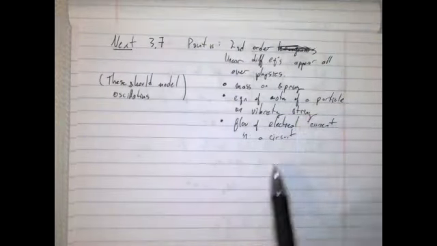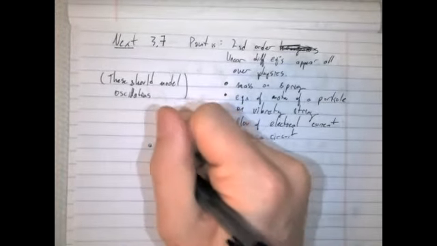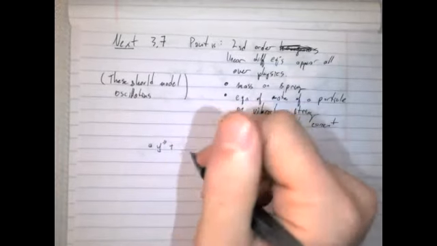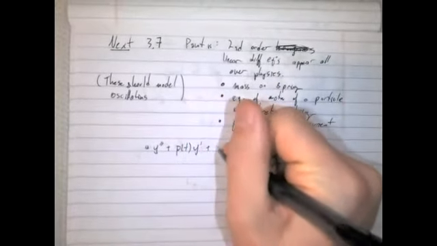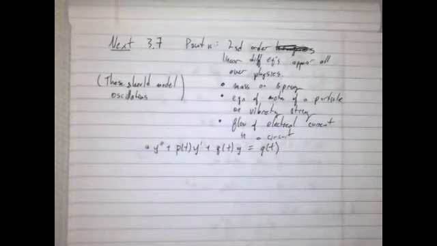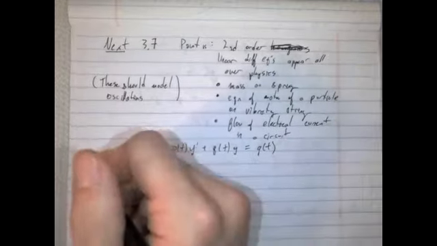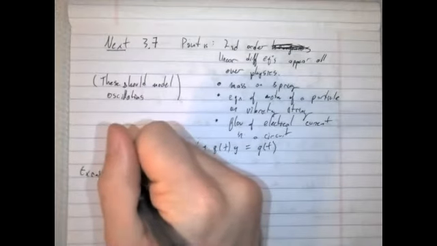And all of these are governed by a differential equation that more or less looks like y double prime plus p of t y prime plus q of t y is equal to g of t, which at this point we are extremely familiar with and probably sick of. Okay, so let's first go over some of the physics. We're going to examine the physics of a mass spring system.